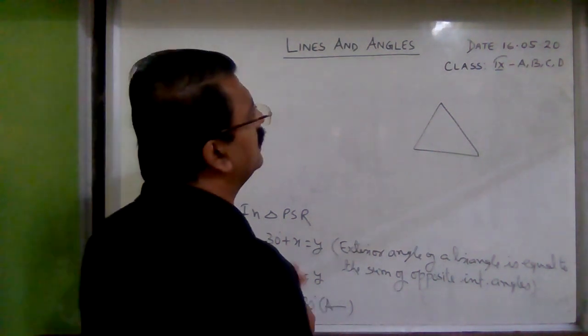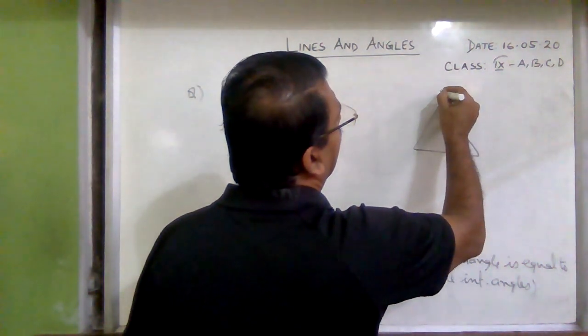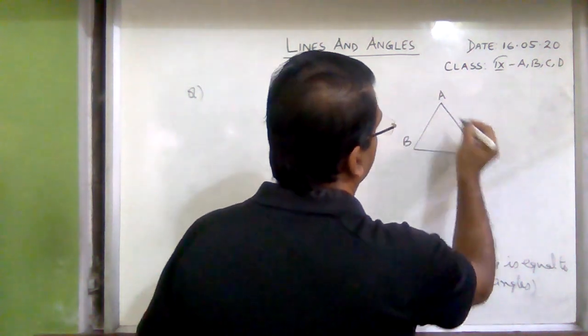So in the next example, ABC is a triangle.